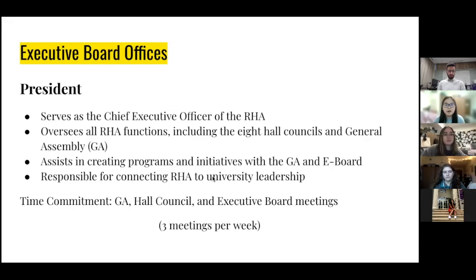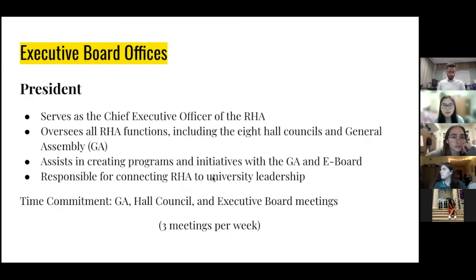I've also gotten the chance to connect with university leadership. I talk a lot with the director of housing and residence life, or the 2 directors there. I've talked with Dr. Fonta, and I also attend Board of Trustees meetings. These are opportunities to connect with the broader university, and I also get to connect with other campus organizations.